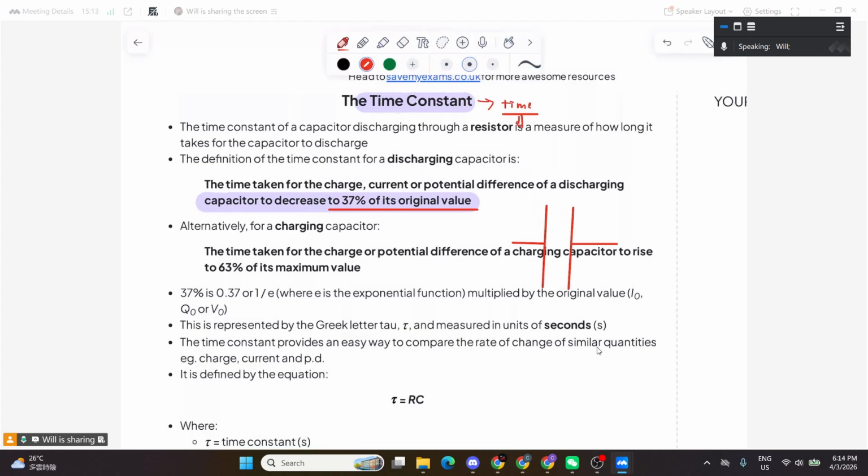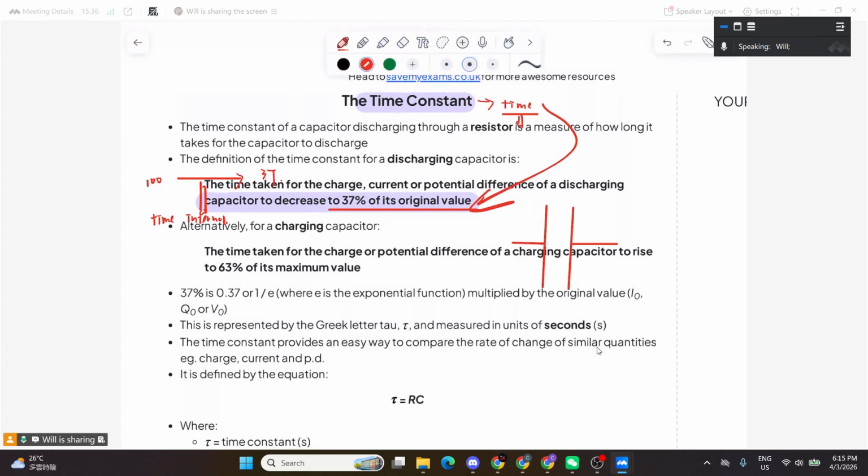If the original value is 100 and now it becomes 37, that time interval, the changing time interval, we call it the time constant.